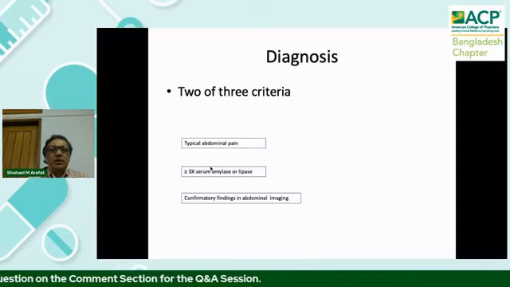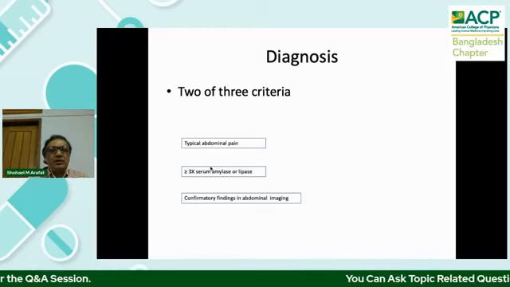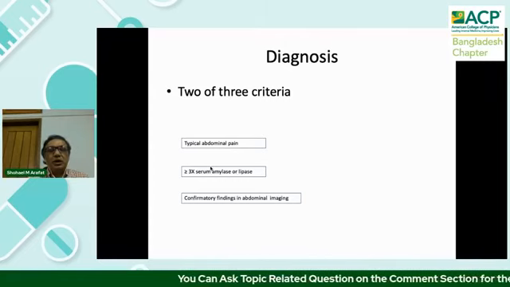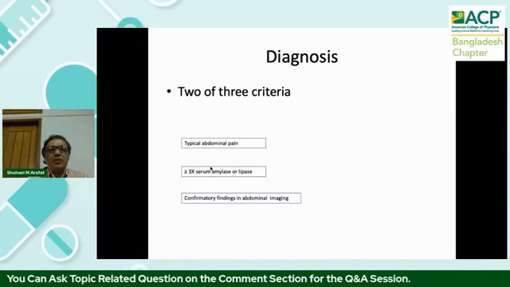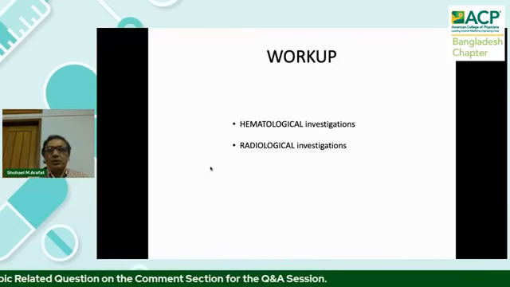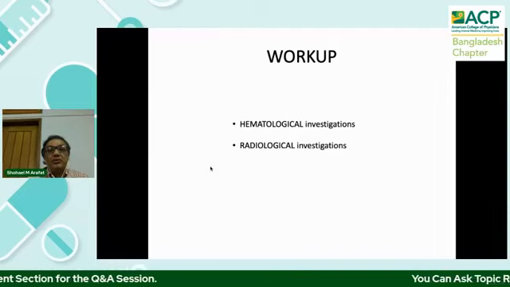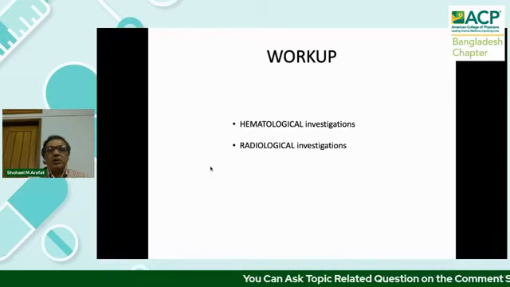So we should think: first, whether the pain is typical of pancreatitis; second, whether the enzymes cross 3 times the upper normal limit. These two things are very simple to keep in mind, but we have to do a few other investigations at different stages of our clinical management.